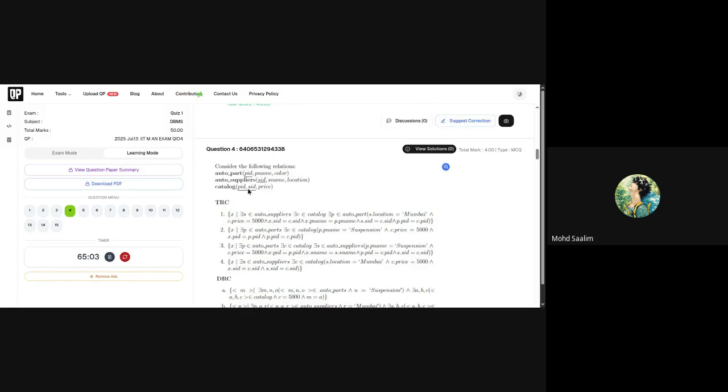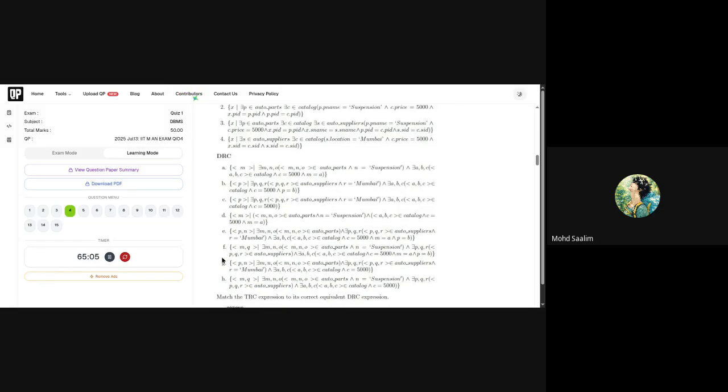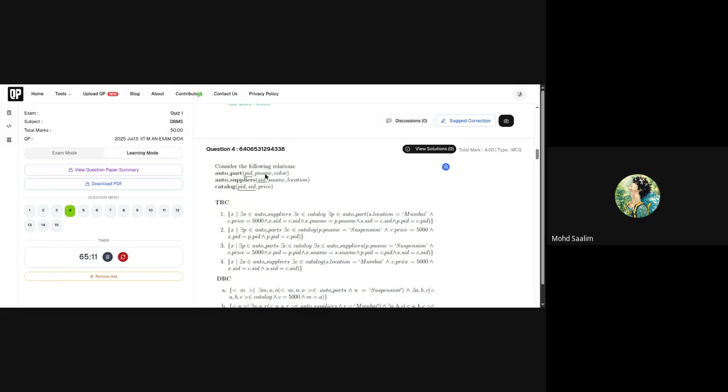So you just have to filter out based on what type of attributes are being selected, and then what are the conditions given. So you can see in the G, only P and N are getting returned. P is the first attribute of auto supplier SID, and N is from auto parts P name.